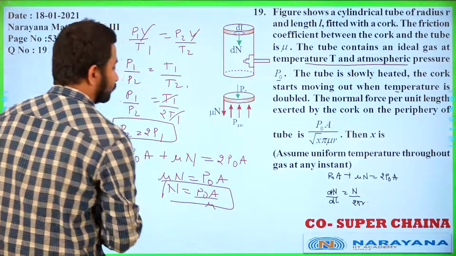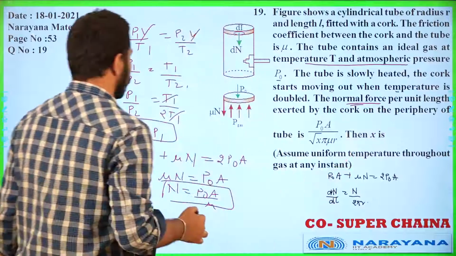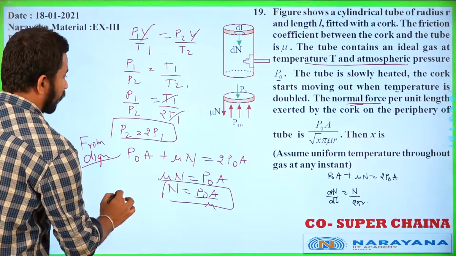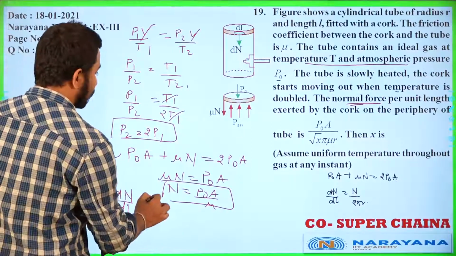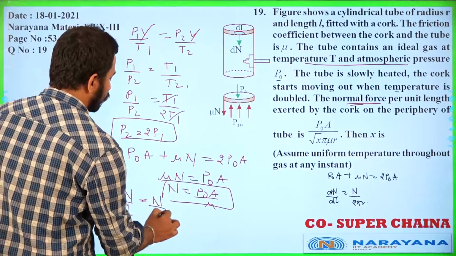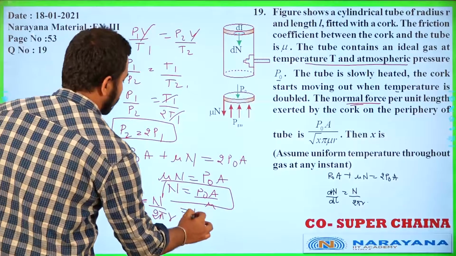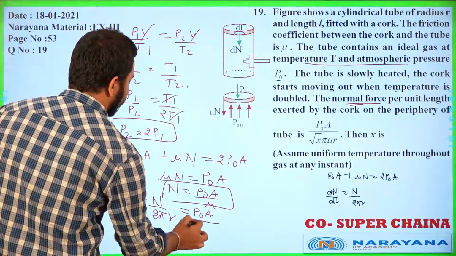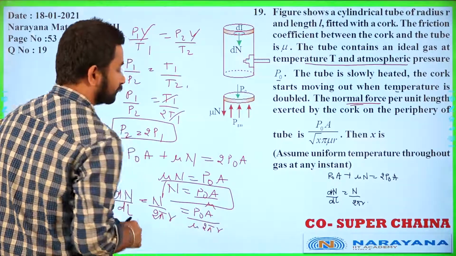We got the N value. What they are asking is the normal force per unit length. So normal force per unit length will be dN by dl, and this will be nothing but N by 2 pi r. N we already have, so just substitute the value: P naught A by mu 2 pi r.